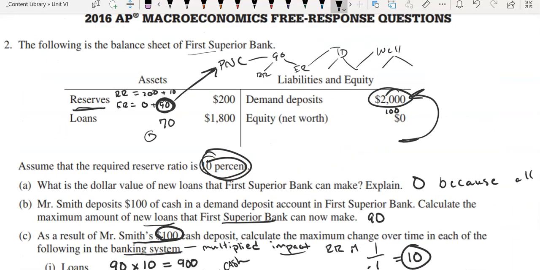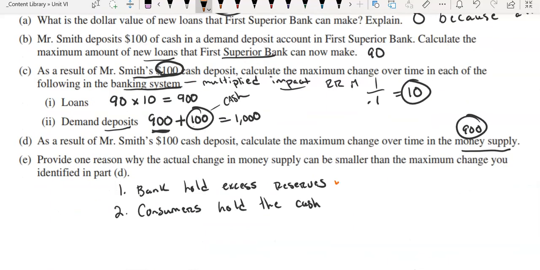So if we loan out $90 to McKenna, and she, instead of putting it in the bank, puts it under her mattress, well, now the multiplied impact of that $90 loan is going to stop right at McKenna because no other bank gets that $90 to loan it out to somebody else, right? And so the process stops before it can multiply through, right? So if the banks don't loan it all out, or if consumers hold on to the money, the multiplied impact is weakened.